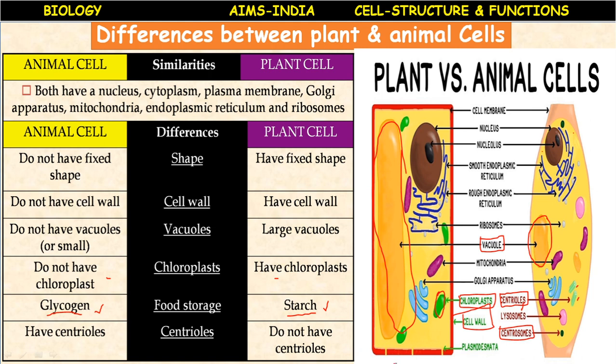But whereas plant cells do not have centrioles. But at the time of cell division, the plant cells also produce centrioles. Centrioles are formed at the time of cell division only in the plant cells.